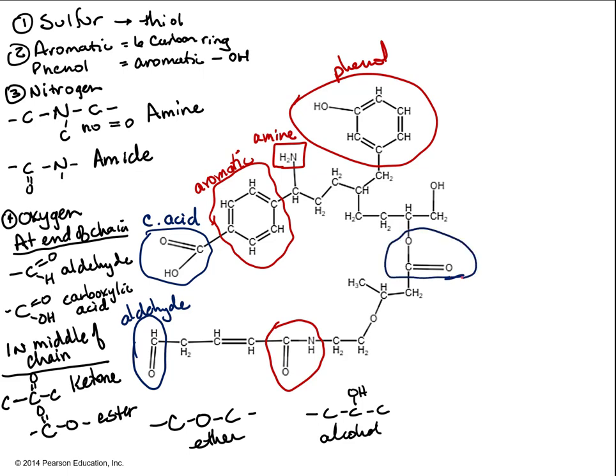If it didn't have any oxygens, it'd be a ketone, right? If it was just a carbon with the double bond oxygen, you see what the ketone looks like? That's just a single double bond oxygen hanging off of a chain. But since this one has an oxygen attached to that carbon, that makes this an ester. Okay, so you see how the ester looks, how it's a little different. It's got that extra oxygen in there.